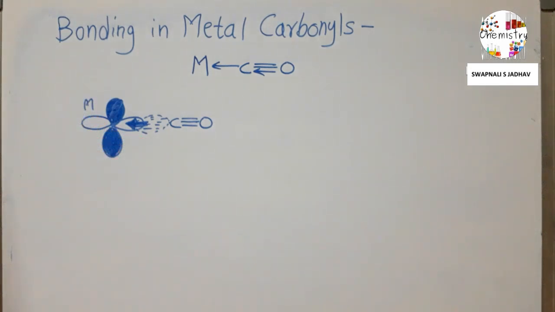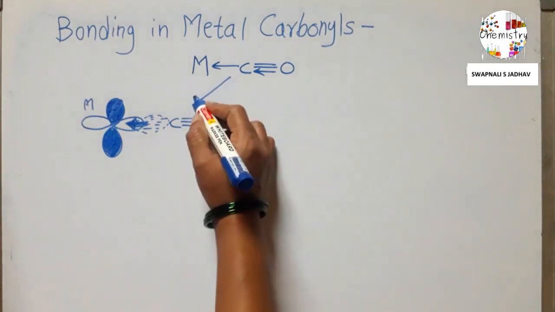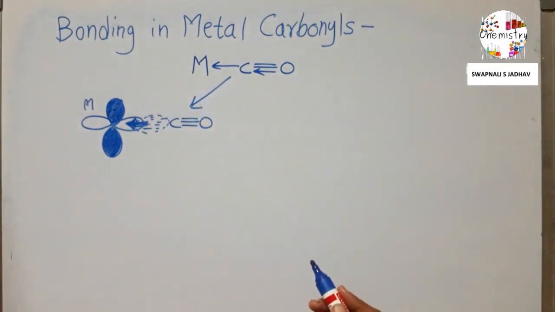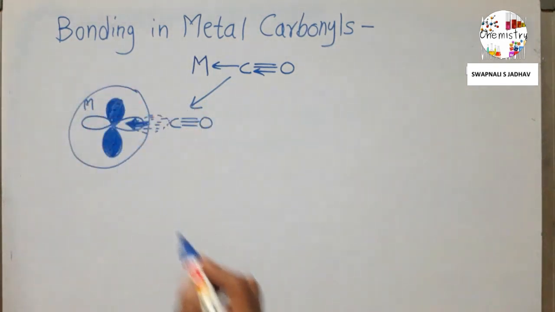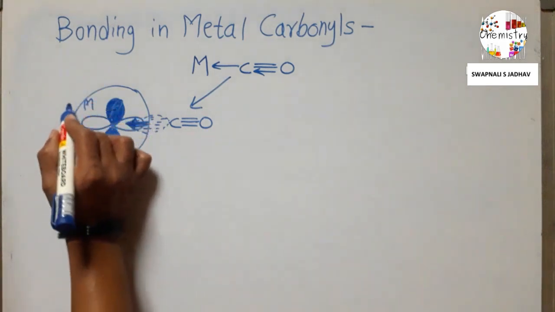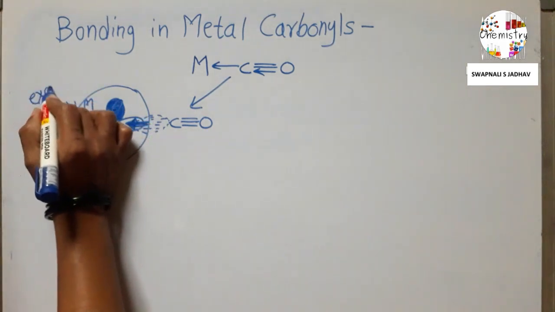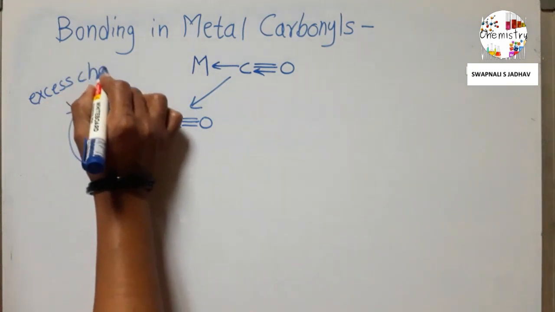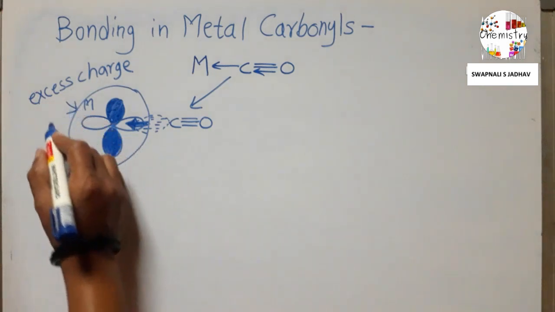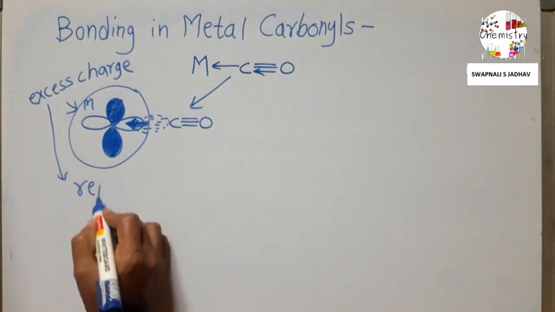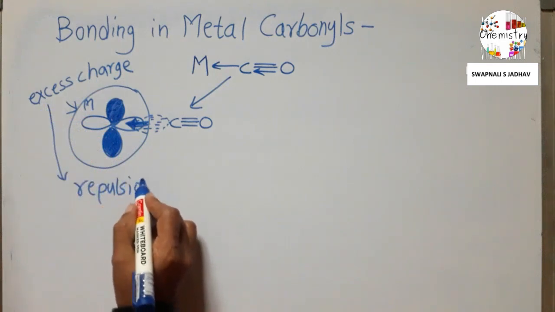The formation of the metal carbonyl bond produces excess charge on this metal atom. This bonding forms excess charge on this metal atom, which leads to substantial repulsion between the negative charge on the metal and that on the carbonyl ligand. So due to excess charge, repulsion takes place.